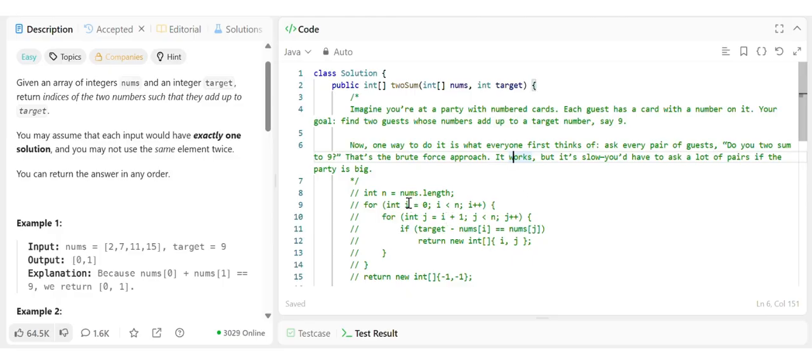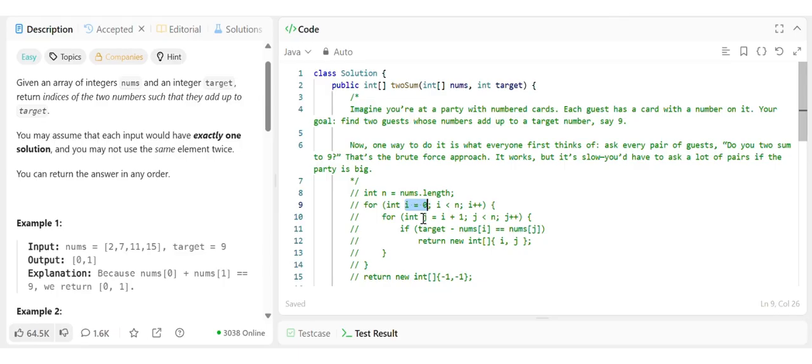That is, first we will take the guest number 1, that is the guest at position 0. We will make him sit on the chair, and then we will start calling each next guest. So we will first take the guest at position 0, make him sit on the chair, then call the guest at position 1 and check if the numbers that guest 0 has and that guest 1 has match up to give us the target.